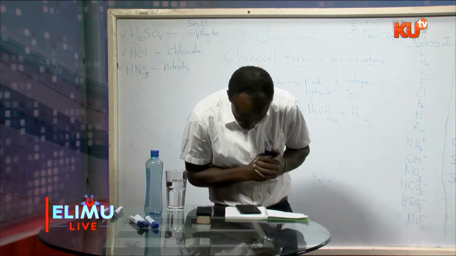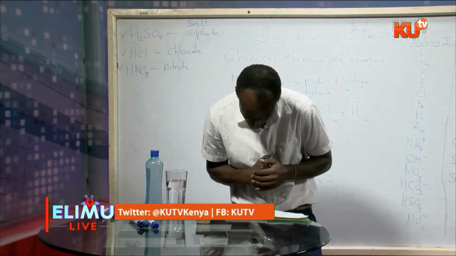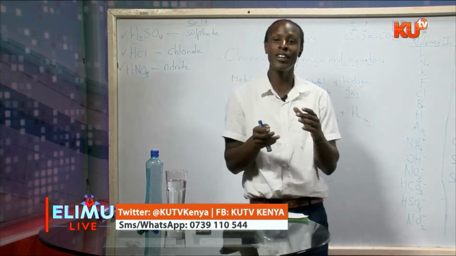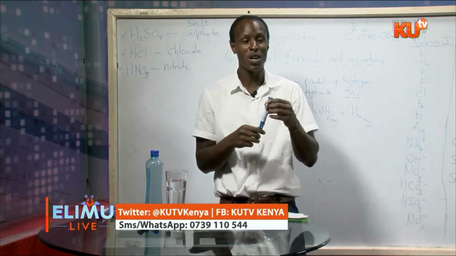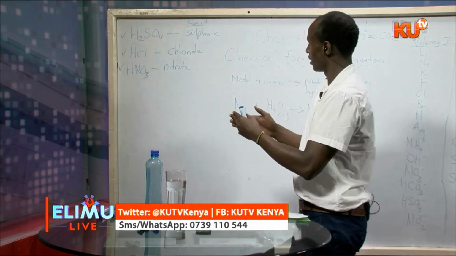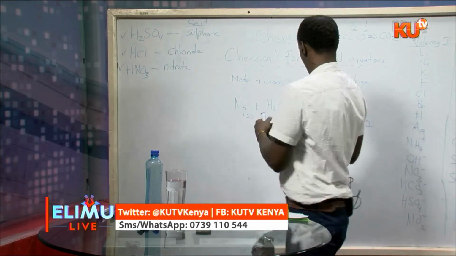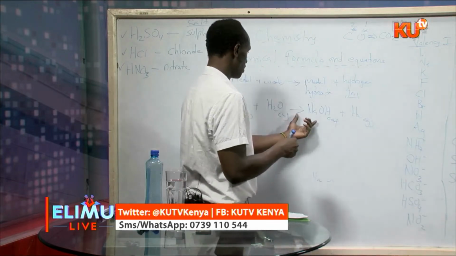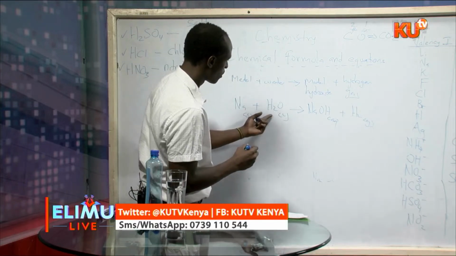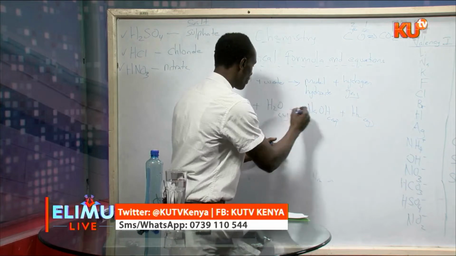What if you receive an equation without being balanced? Can you be given a mark? We call it a balanced chemical equation. So for the equation to be correct, it has to be balanced, because the balancing tells you in what ratio. Like this equation is not balanced actually. The balancing will tell you the ratio. 2 hydrogens, so I put a 2 here and a 2 here.